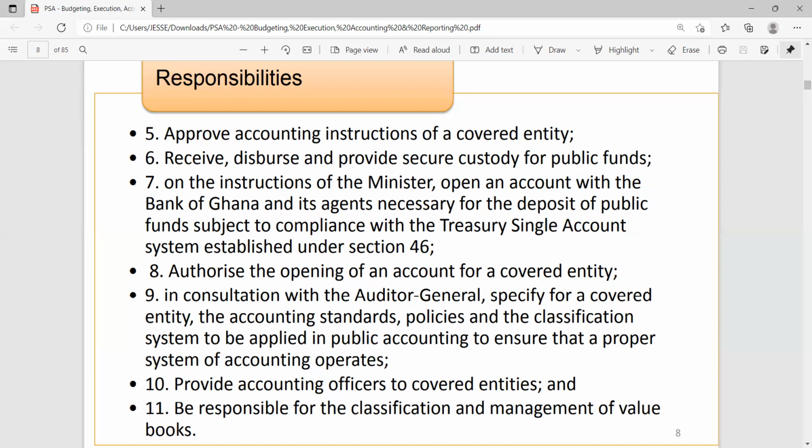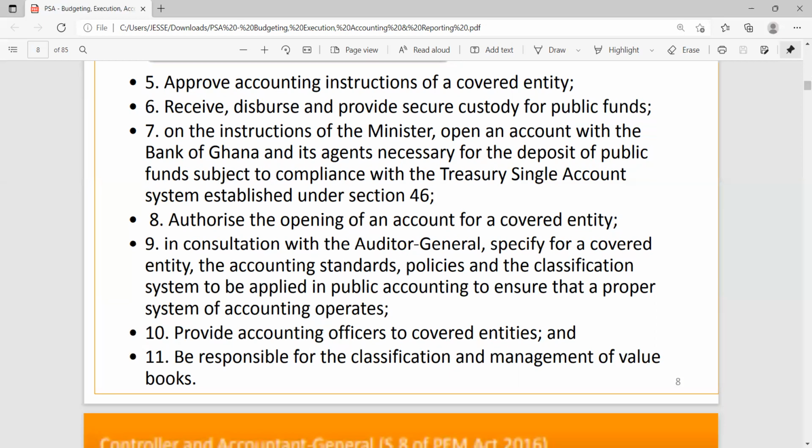Number 10, they also provide accounting officers to covered entities. They are also responsible for the management of the books.